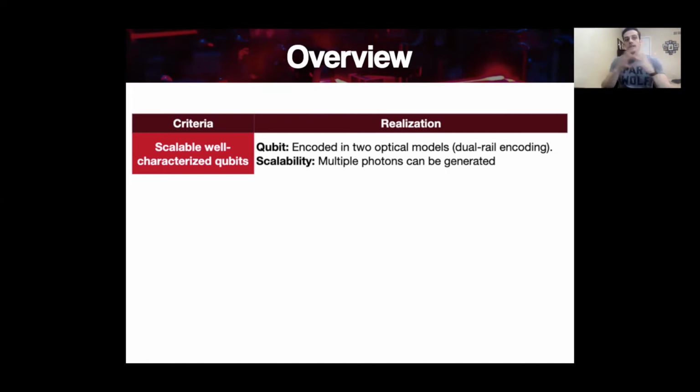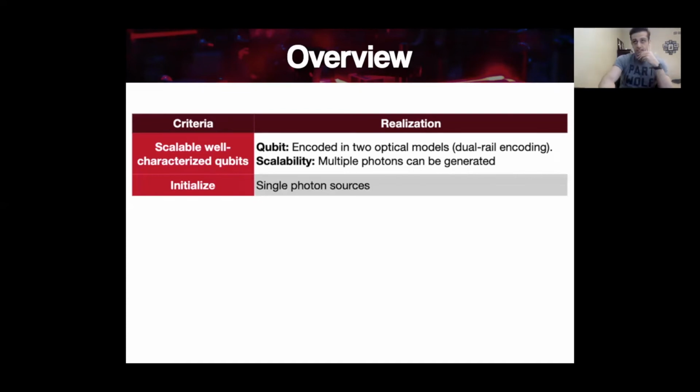So for our qubit, we have our photon that's going to be encoded, and we're going to use the dual rail encoding. In this one, one qubit state will represent the photon being in one rail, and the other qubit state will represent the photon being in the other rail. And for scalability, well, we have single photon sources, so we just line up a whole bunch of them.